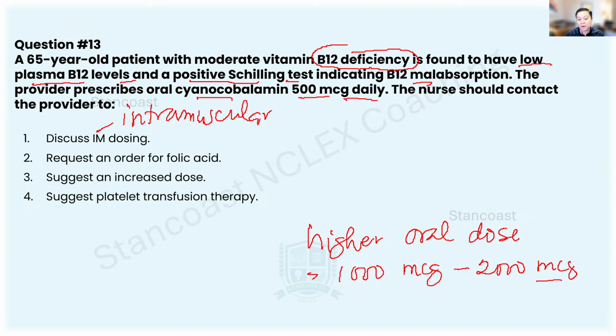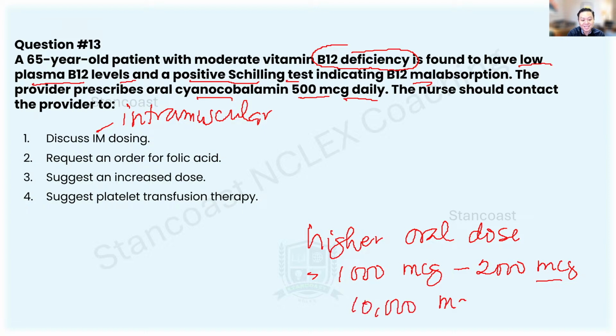It will spare the patient from the extra poke, right? I don't like injections myself. No, I'm not referring to the question here, but if I'm the patient, I would rather have the oral route rather than the IM. That's going to be an extra poke. Actually, in some cases, it can reach up to 10,000.